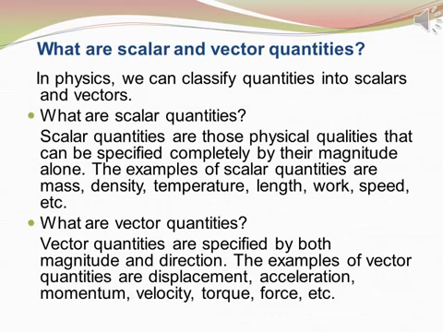The examples of scalar quantities are mass, density, temperature, length, work, speed, etc. Can you say what vector quantities are? Vector quantities are specified by both magnitude and direction. The examples of vector quantities are displacement, acceleration, momentum, velocity, torque, force, etc.